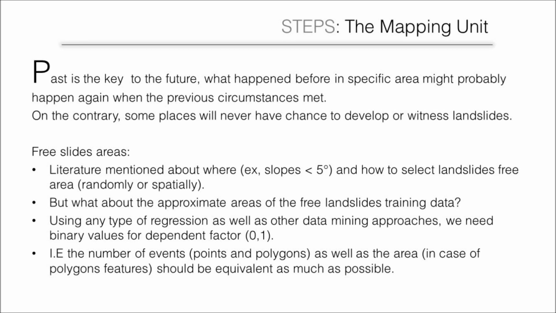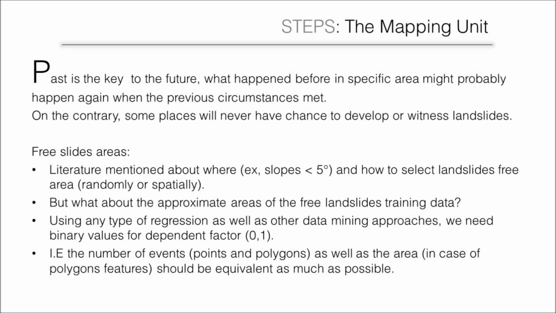So we depend on the historical data to produce something that will be valid to be used in the future. So based on this, some places that never have witnessed landslides, for example, will never develop such kinds of events again, or will never have the chance to develop or witness landslides.